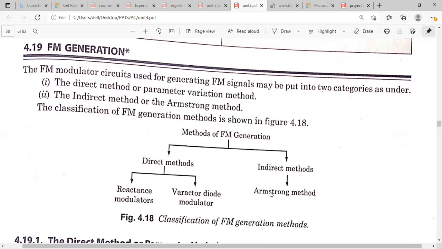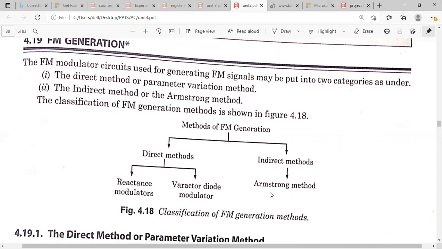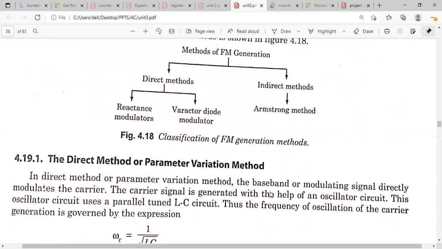But in the next class, I'm going to explain the methods of generation of FM. Okay, so there is a direct method and an indirect method. The direct method is called the parameter variation method, and the indirect method is called the Armstrong method. In the direct method also we have two classifications, the reactance modulator method and the varactor diode modulator method. So these three methods I will explain in the next class. Okay.